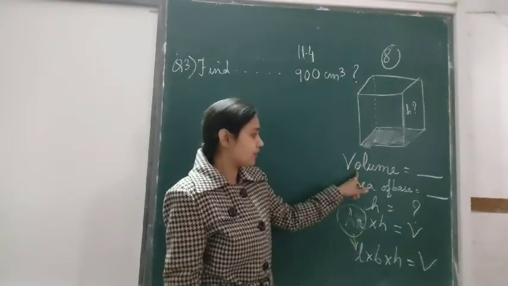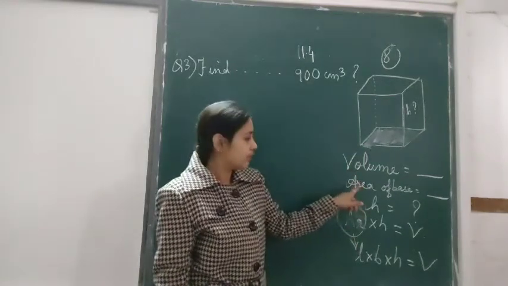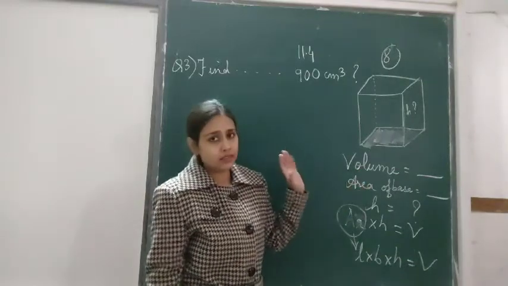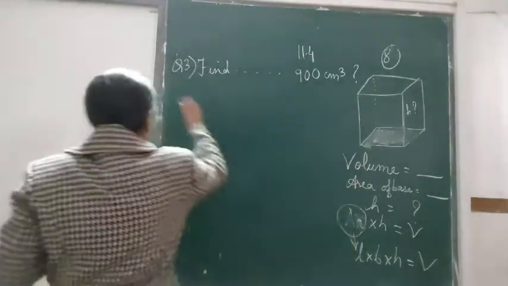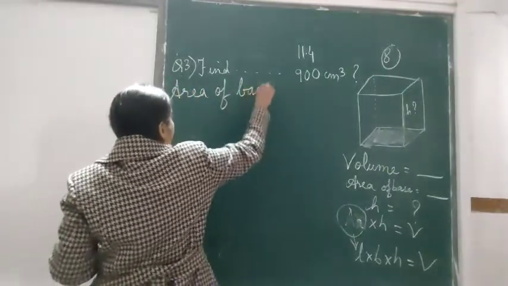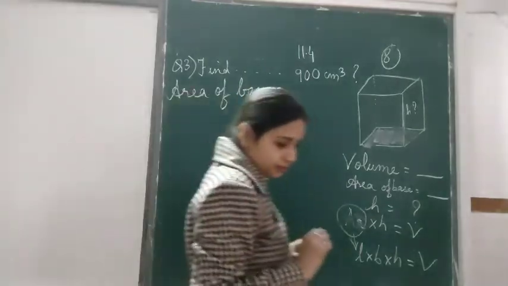Okay, so this is the small explanation of the question. We start with whatever is given. Okay, the area of the base is given and the volume is given. We need to find the height. Okay, so let's start. What is given? Area of base. And how much is it?